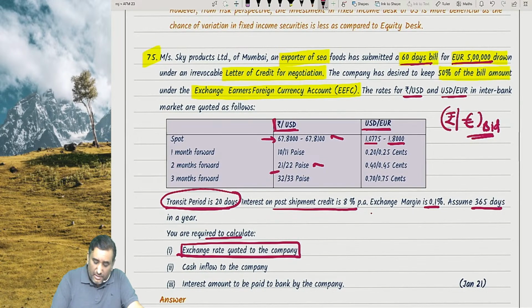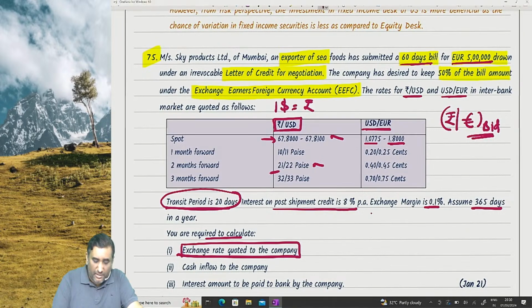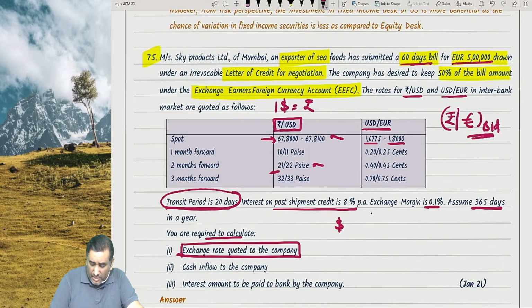in rupee and dollar, the rate is given as $1 is equal to premium points or discount points? Premium. So can I say the dollar is stronger against the rupee? Yes. In the second case, it is given €1 is equal to dollar. If you look at it again, prima facie premium points.